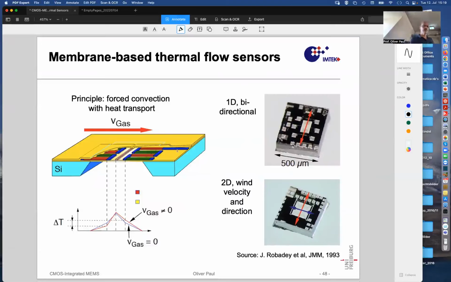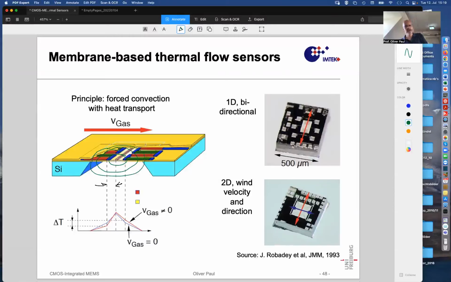So the three constituent structures of the flow sensors are on the same membrane, but they are at a sufficient distance from each other, so that when no gas flows, we have this thermal profile that is symmetric around the central heating resistor.